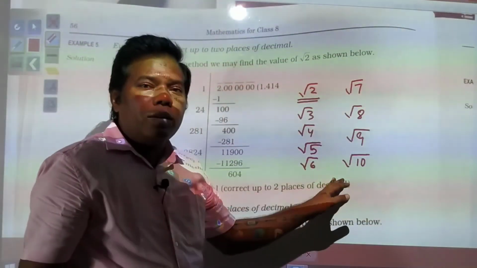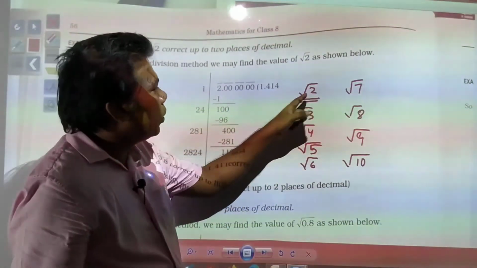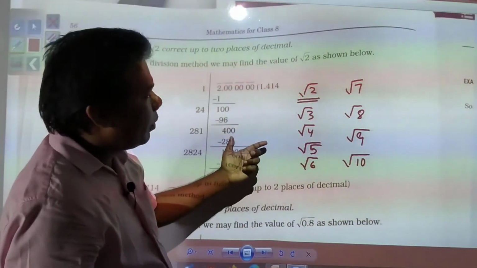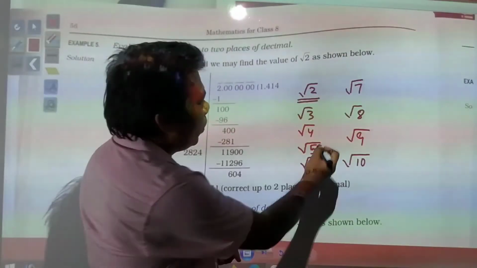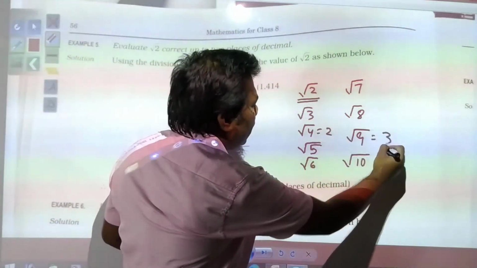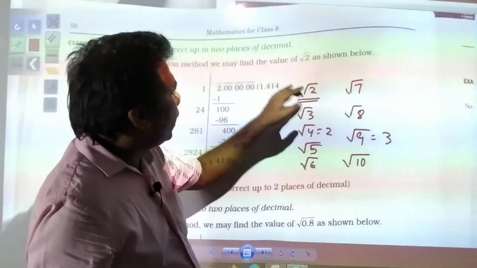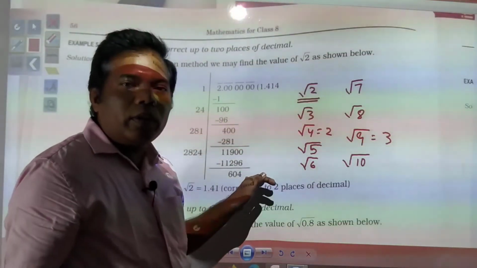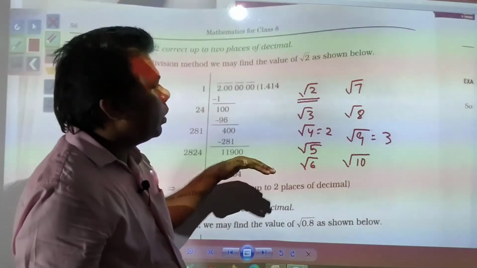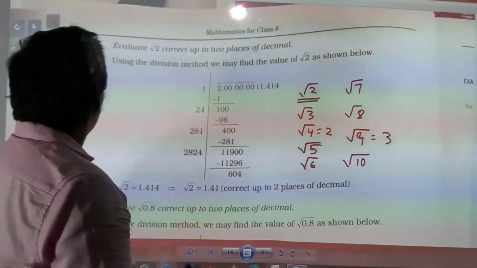Up to here you need to find out by yourself. Root 2 you already know how to find out. Root 3, root 4 you know, this is 2, this is 3. Root 5, root 6, root 7, root 8, root 10 you need to find out in the same way. So try to find out and keep in your notebook. This will be your homework.